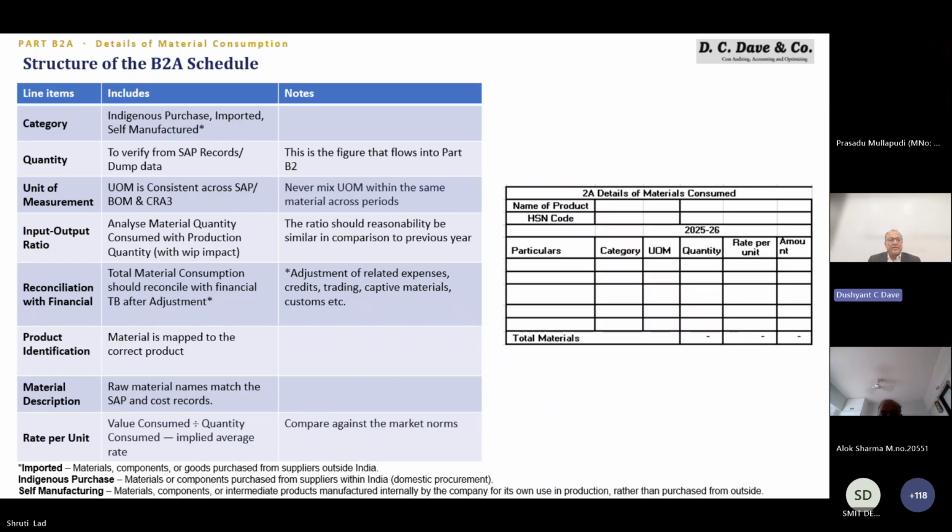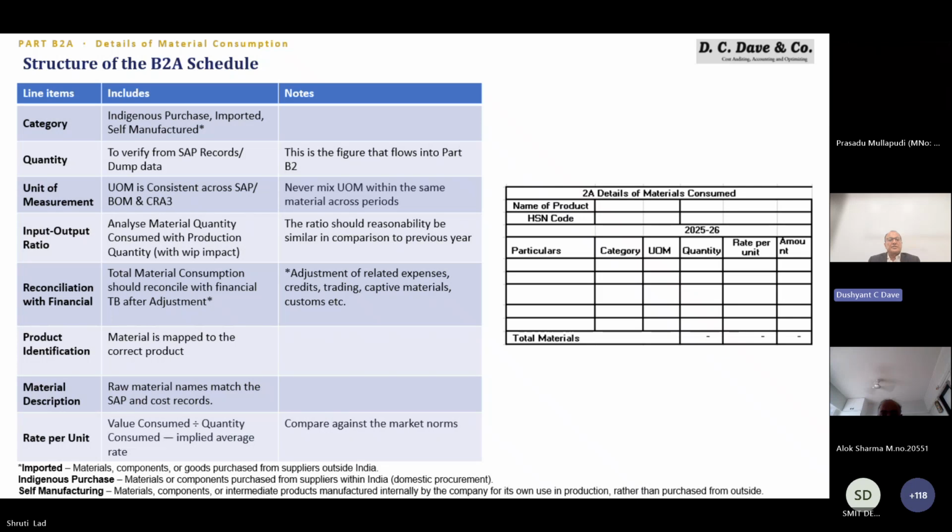reconciliation, practical audit errors, red flags, and utility consumption. That will be B2B. These are the areas where experienced cost auditors add the greatest professional value. Now that we understand the structure of annexure B2A, let us discuss how materials should actually be classified.